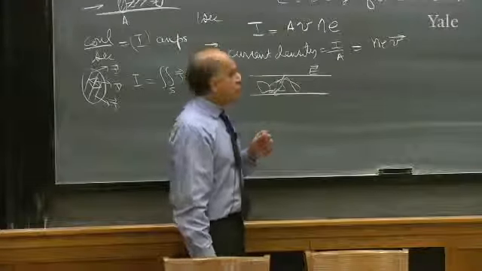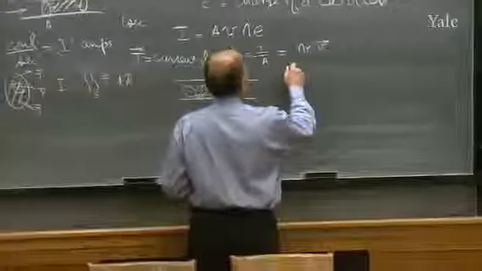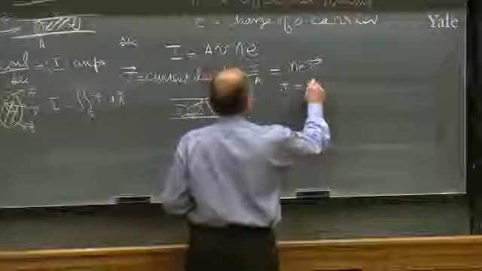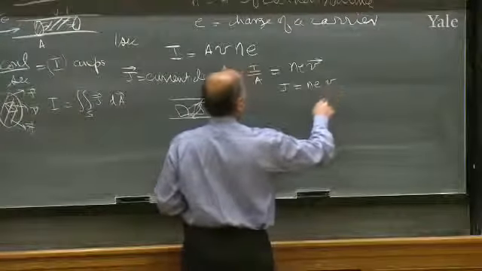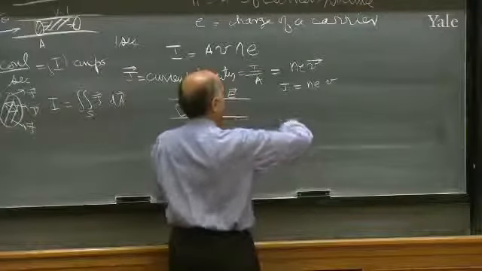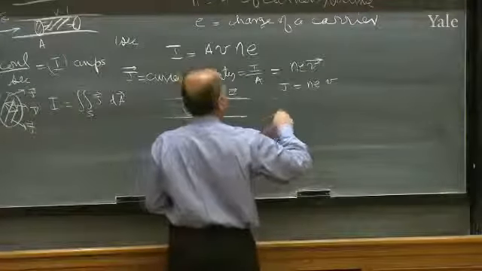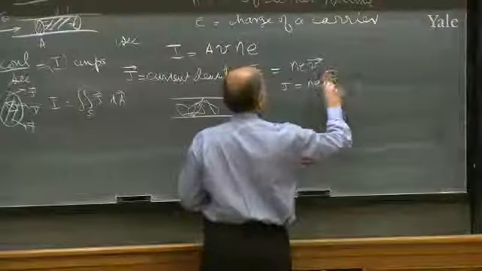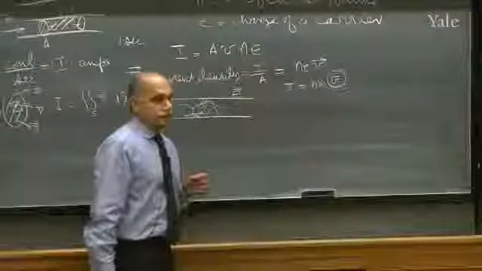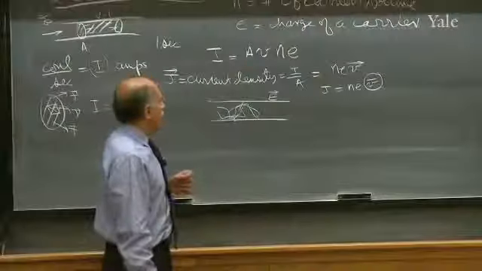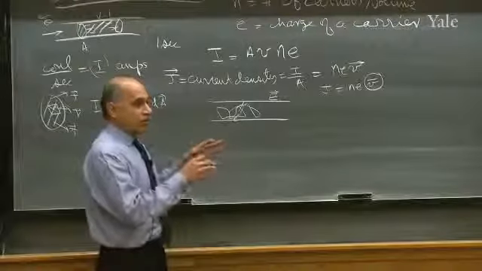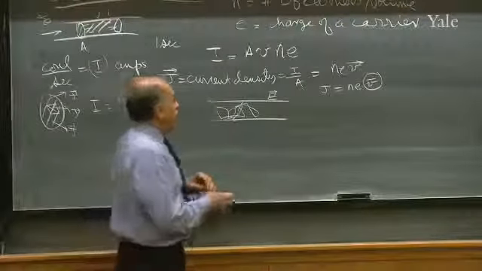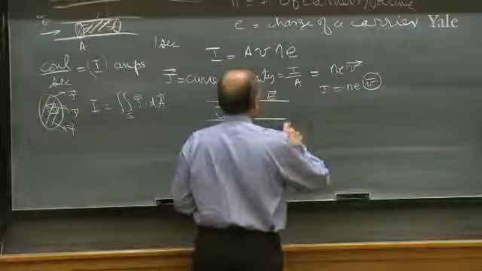So let's see how much that is. I found that the current density was NEV. Forget about the vector sign for now, just everything is along x. I want to find here an average velocity. What's going to be the average velocity over all the particles at a given time? Now here's the picture of conduction.